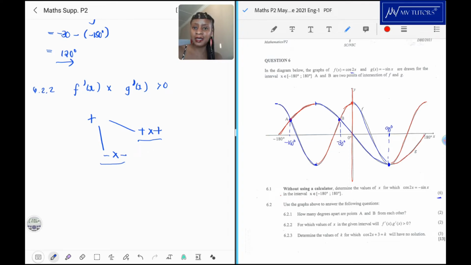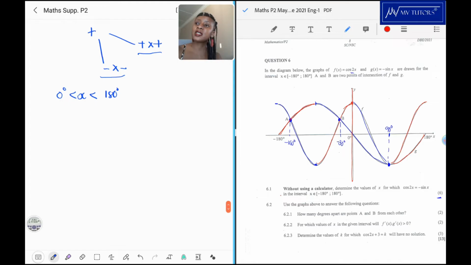So ultimately, you have x between 0 degrees and 180 degrees. I am not including the equal sign because that's where the gradients are 0, and we are looking for gradients that, when you multiply them, give a positive number, not 0. Another way of writing this, you could have said x is an element of (0, 180).